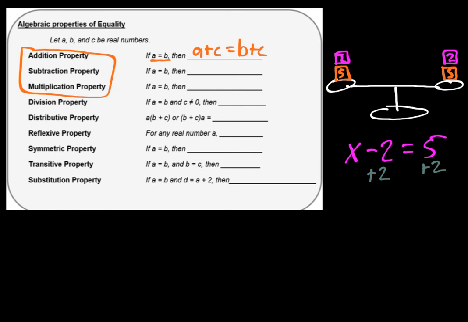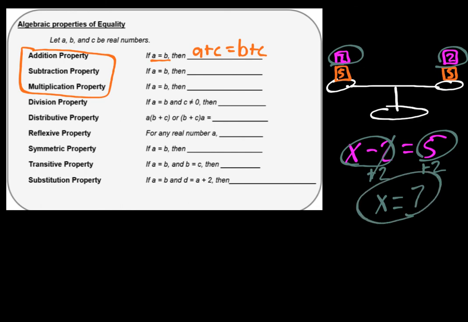The reason is the addition property of equality, which tells me that if x minus 2 equals 5, meaning they are balanced or the same thing, and I add 2 to both, it will still be equal, in the same way that adding 2 pounds here still made the scale balanced. When I added 2 to both sides, I ended up with x equals 7. So I could justify adding 2 to both sides because of the addition property of equality.